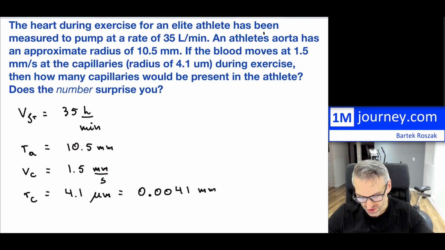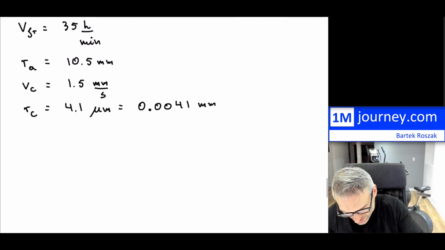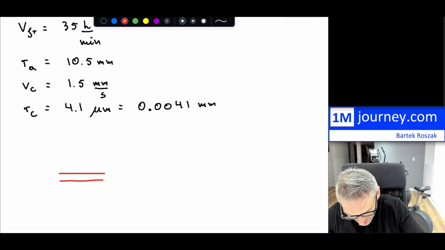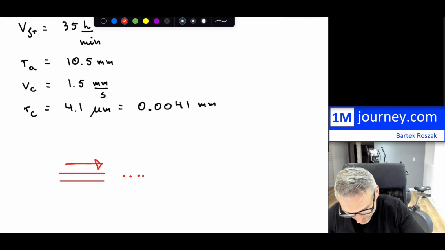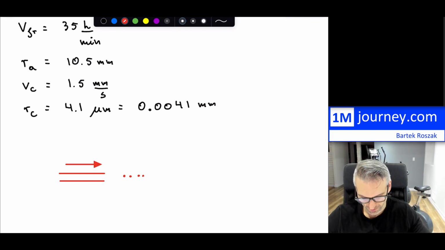Now, they want to know how many capillaries would be present in the athlete. So what this is actually asking about is this. If you have your aorta, of course it doesn't split into capillaries right away. But you have a certain flow coming out from the aorta, which is 35 liters per minute.